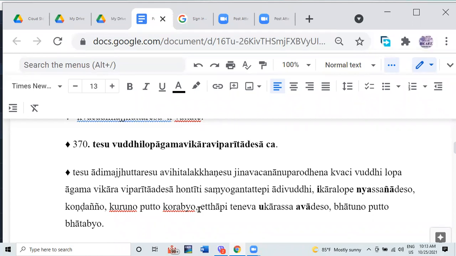Avihita Lakana is suttas, right? These suttas do not exist. That's what Avihita means. Do not exist where? In the Kajayana.